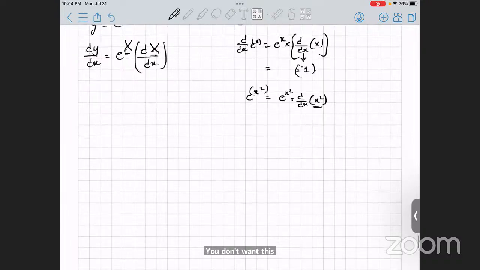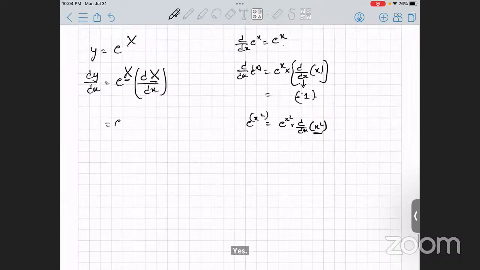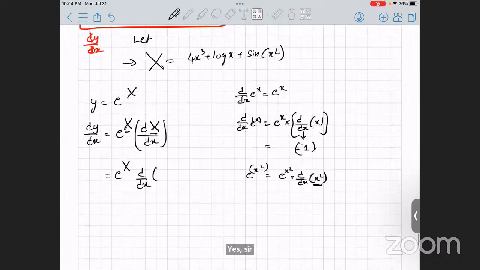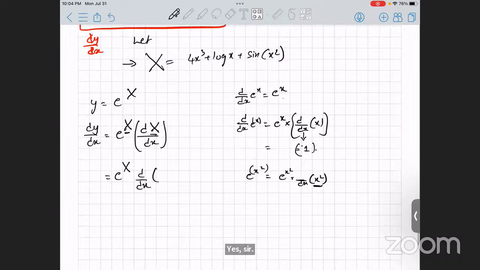Everyone got this? Yes, sir. So we will expand this capital X, d by dx. What is capital X? 4x cube plus log x plus sin x square.